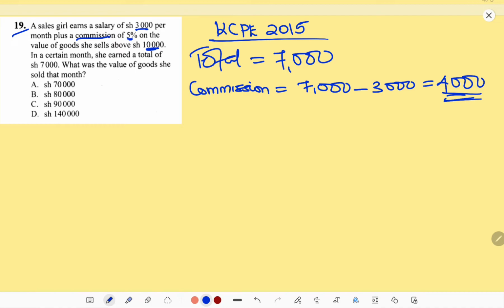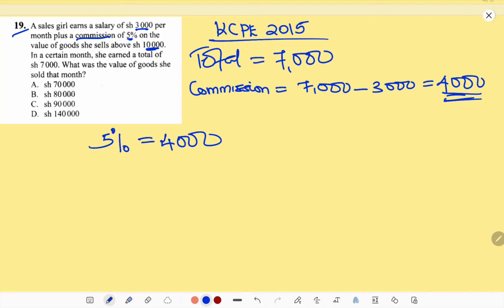Now in this case they got a commission of 4,000. So we kind of have the commission. Now we have to work backwards to see what was the value of the goods that they had sold that month. So 5% is equal to 4,000.